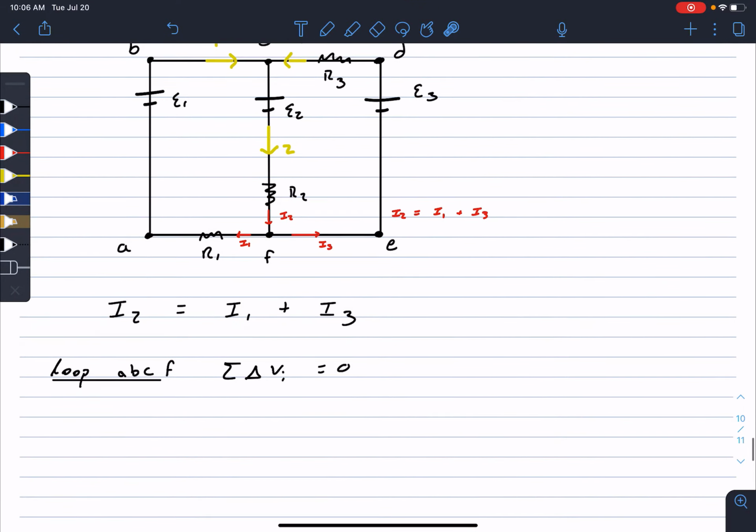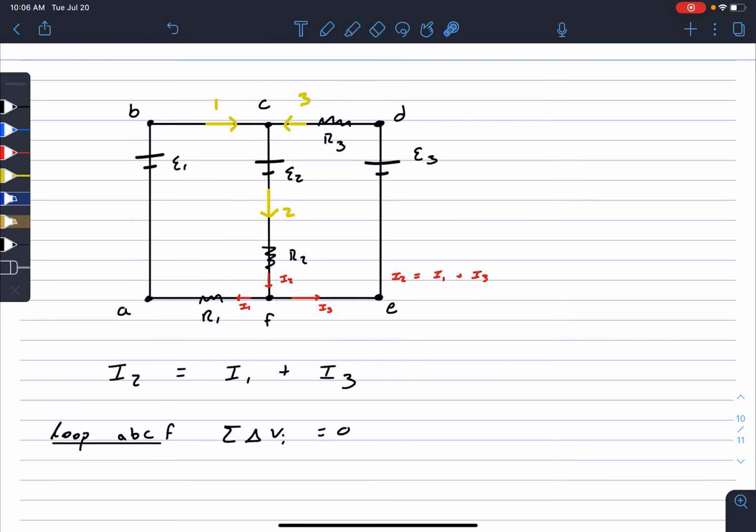Let's just go this way. Going this direction, from negative to positive, for E1 is going to be positive. So positive E1, and then we keep going around the loop this way. We're going to come down here with current 2, going positive to negative. That's going to be a negative EMF, negative E2.